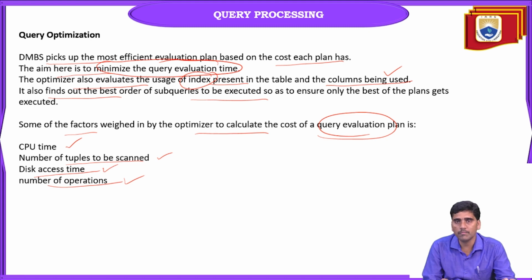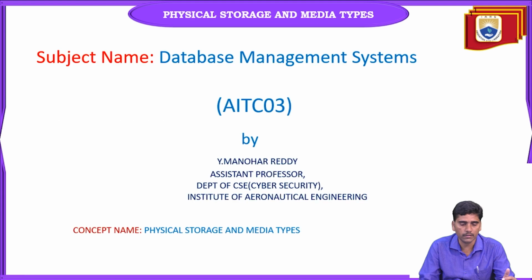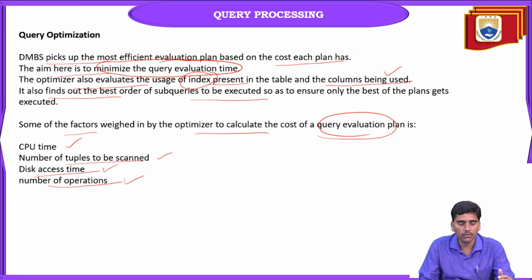So how much time is taken by the CPU, how much time is taken for accessing the disk, the number of tuples to be scanned, and the number of operations to be completed. So this is all about query optimization and the query evaluation process.